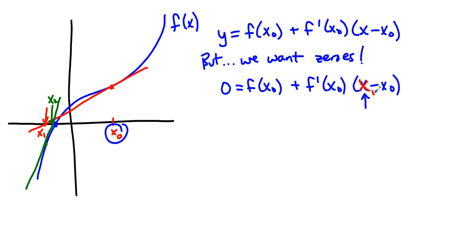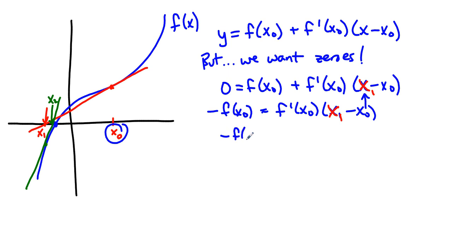So how do we get that? Well, we kick this over to the other side. Again, the thing we're looking for is this. So how do we get that? Well, you divide by f prime of x0.